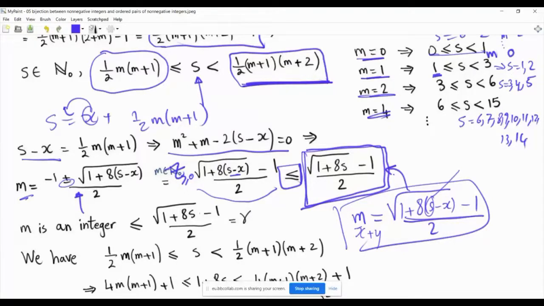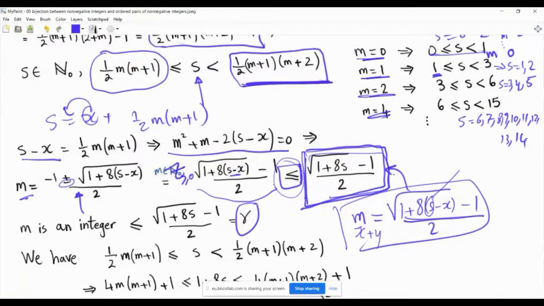Specifically, it is a non-negative integer, and it is upper bounded by this quantity, which I will denote by gamma. Okay. So this may not look satisfactory, and it seems that now we are not actually solving because of using an inequality here, but in fact we have the solution now.